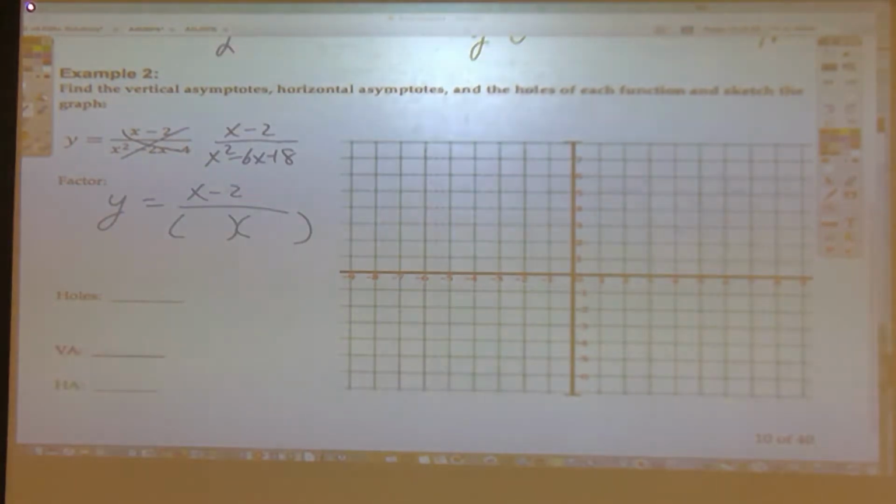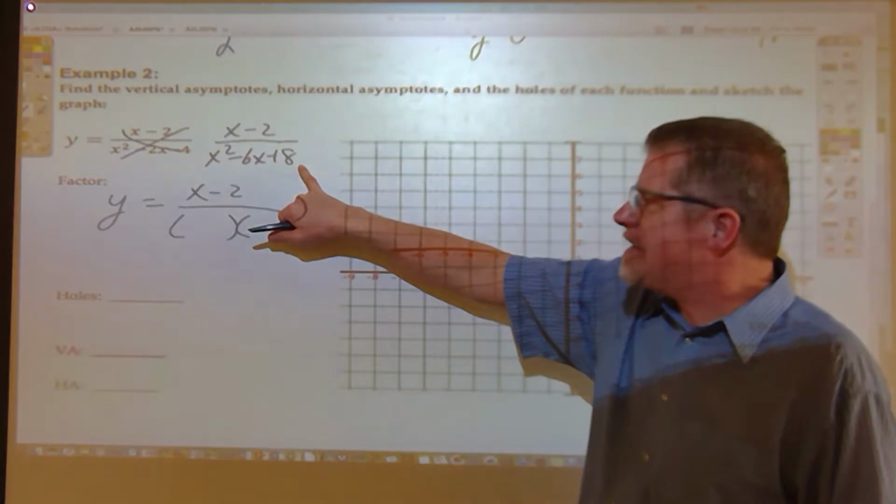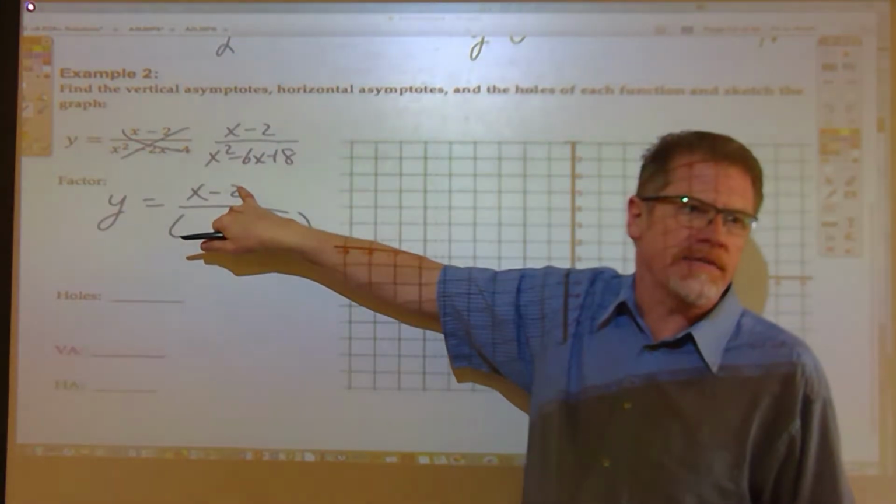Okay, how did you end up factoring the denominator? Jay? X and X. Right, so what's the first binomial? X plus 2, and x plus 4. I need 2 numbers that multiply to 8, but add up to -6.